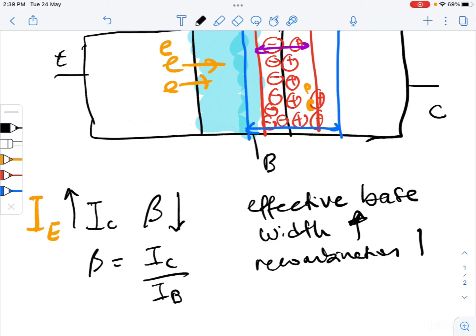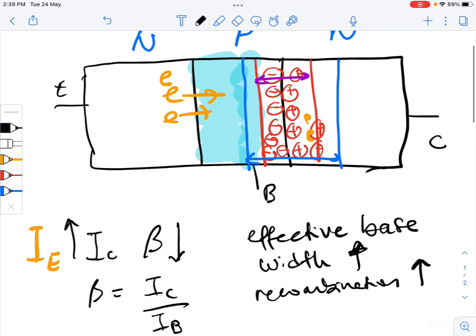So this Kirk effect is the inverse of the Early effect. The Early effect is when the depletion width becomes bigger, but in this case the depletion width becomes smaller. Therefore, you have a bigger effective base width and increased recombination.